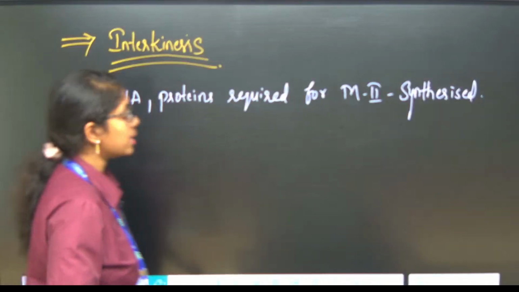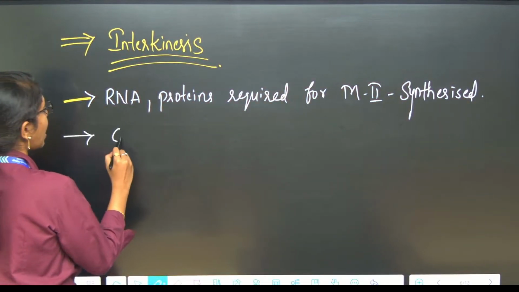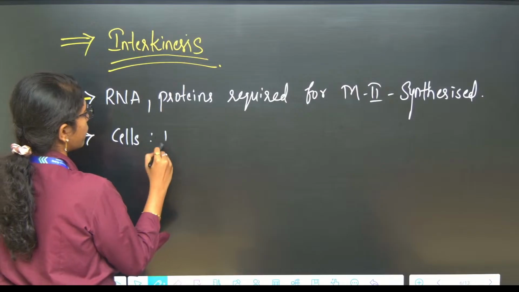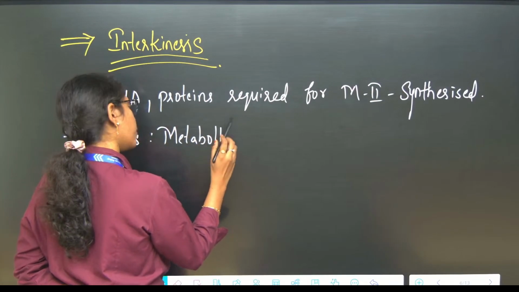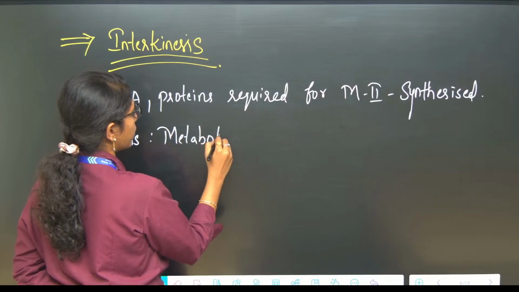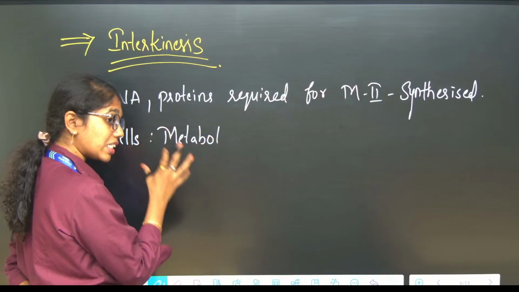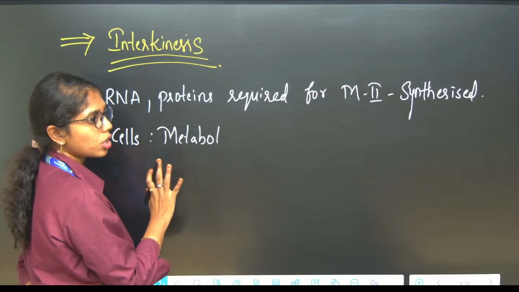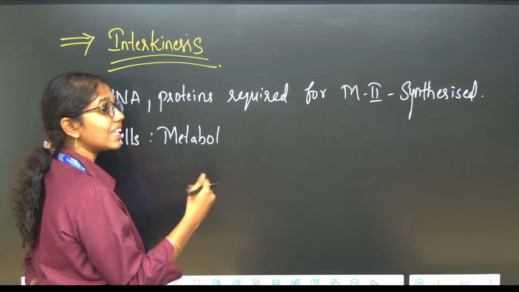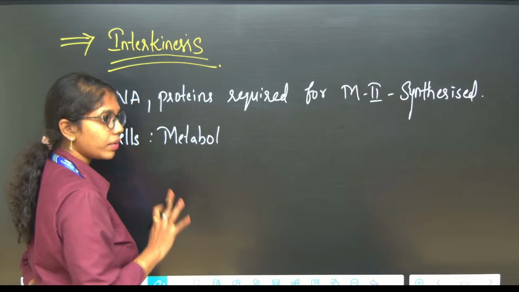And second is cells are metabolically active. In all stages, cells are metabolically active only. But here we need to specify that cells are metabolically active but DNA duplication is not happening, or any other cell organelle duplication is not happening. We need to specify that.